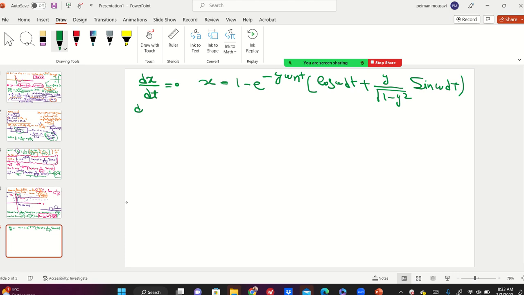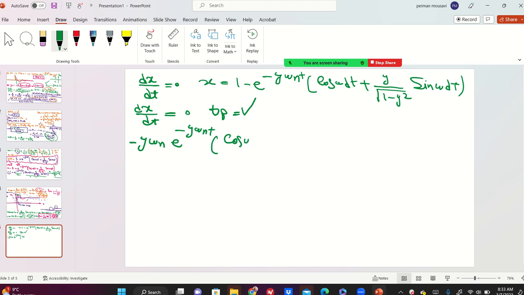If you calculate that, I don't want to do all of it, and put the time tp from here, you get what? Let me do a few steps: minus zeta omega n, the first and second and first, e to the minus zeta omega n t times cosine omega d t plus zeta over the square root of 1 minus zeta square times sine omega d t.